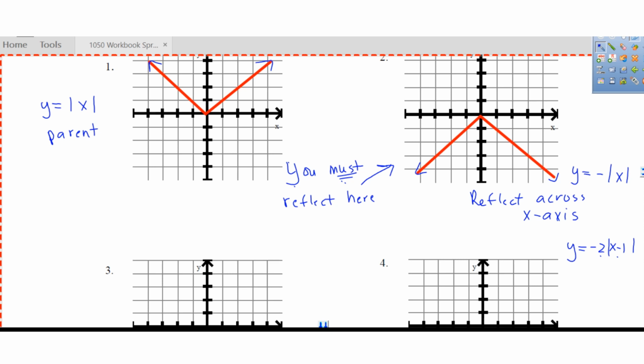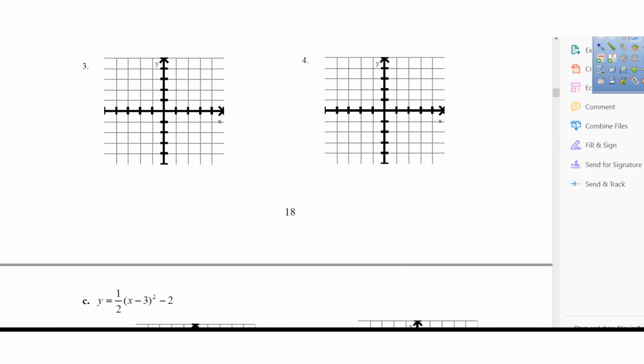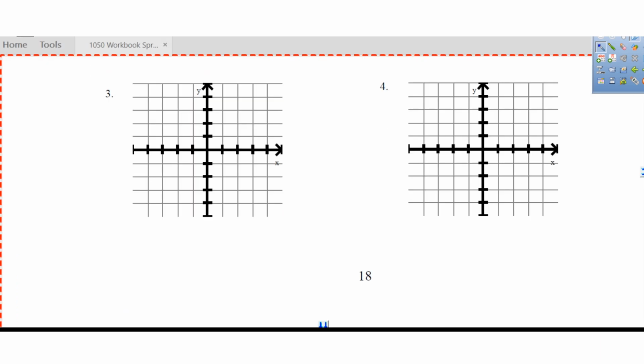All right, then the next one is, I have to scroll, and I'm so sorry, but you're not going to be able to see that anymore, okay? Because my graphs underneath, I can't see them. So anyway, there we are right now. Okay, so the next one is going to be y equals. Now, if I were you, I would do the right one next.